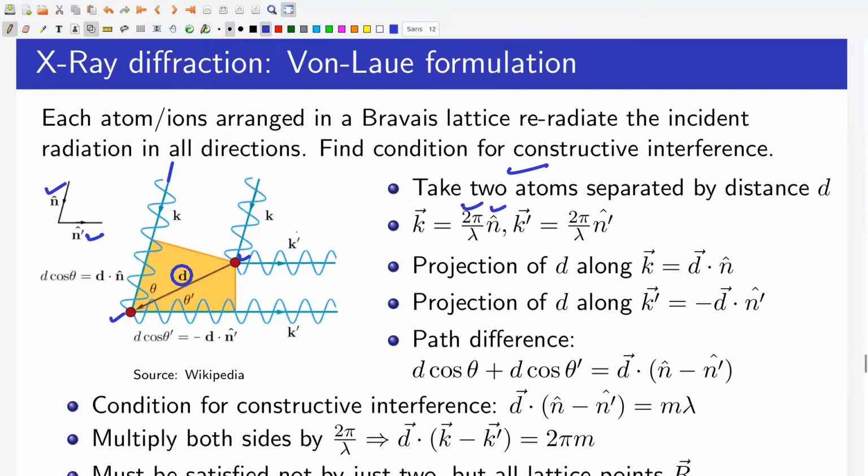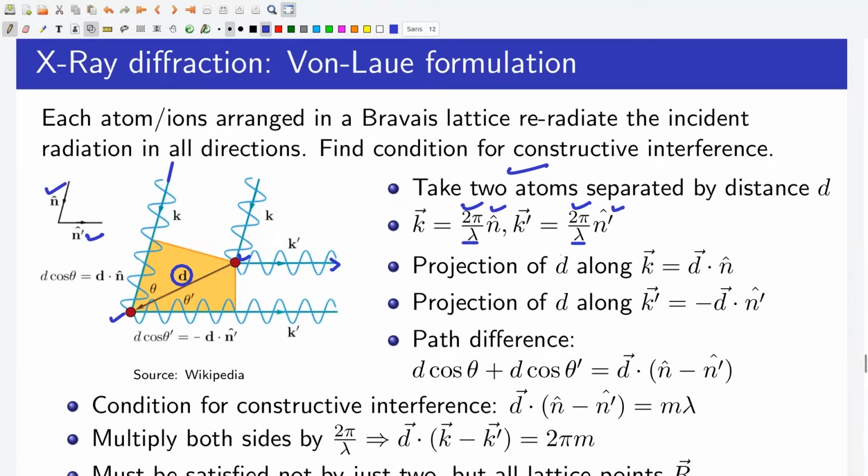And k dashed is the wave vector of the wave going out, again with magnitude 2 pi by lambda and direction n dash. Note that because of elastic scattering, both k and k dash have the same wavelength.